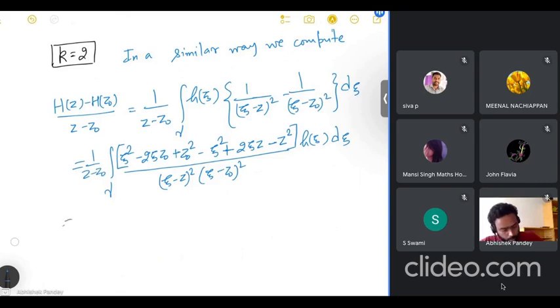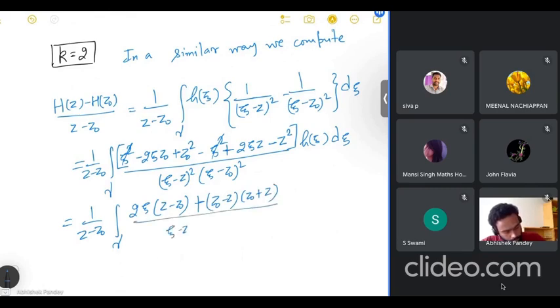Okay. So this is 1 upon z minus z naught. Something will get cancelled out. So what we will get? 2 xi (z minus z naught) plus z naught square minus z square, upon (xi minus z) whole square (xi minus z naught) square, d xi.